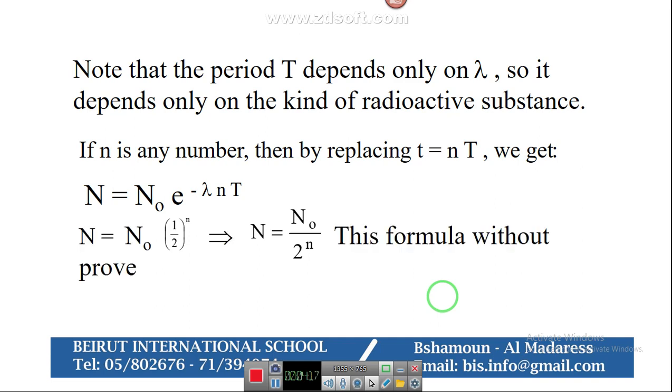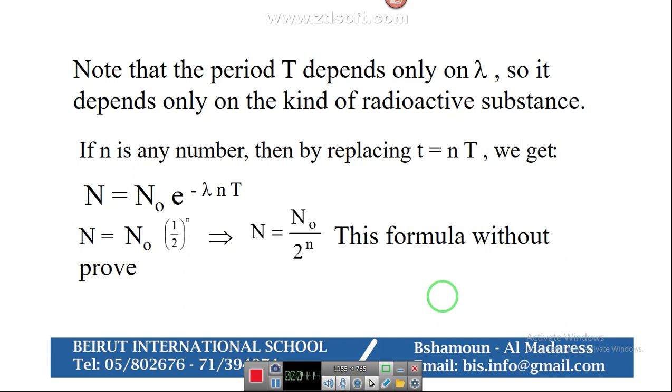This means that N equal N0 into 1 over 2 to power n, which implies N equal N0 over 2 to power n. Also, this formula is admitted without any proof: N remaining equal N initial divided by 2 to power n.